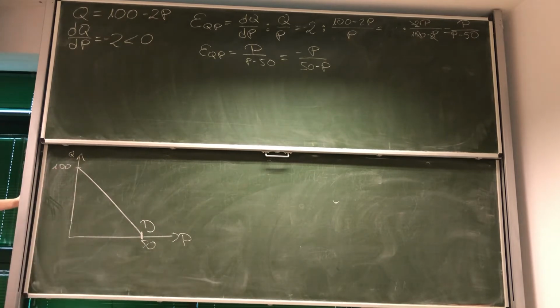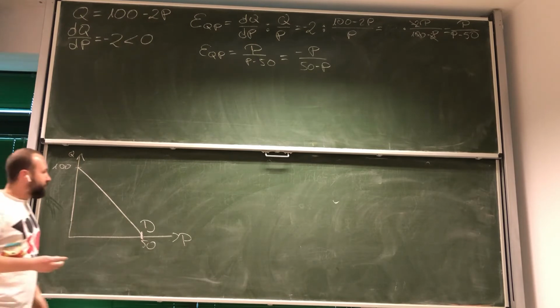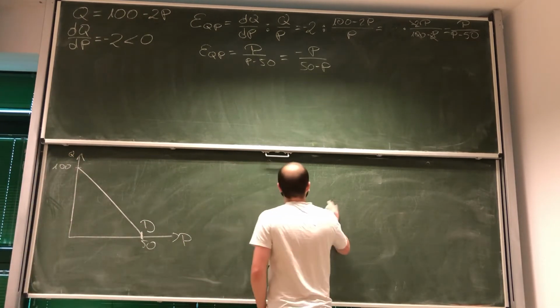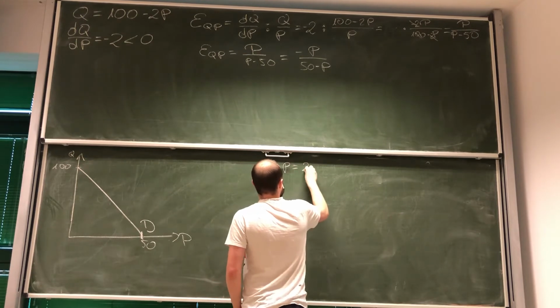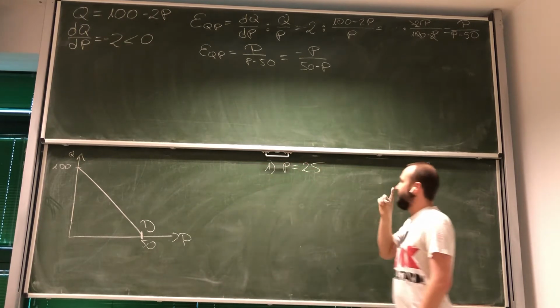Now, let's consider 3 different cases of prices, and let's see what's going to be the elasticity. Look, first, let's consider what if the price of this good is 25.